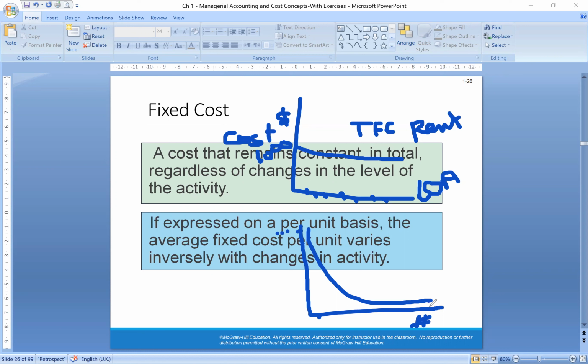But if we produce 1,000 tables, this will be $1, which means $1,000 divided by 1,000 tables. So this refers to fixed cost per one unit, and it is again inversely related to the changes of the level of activity. Okay.